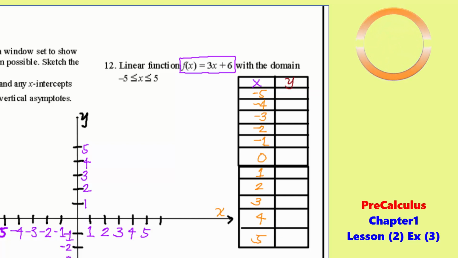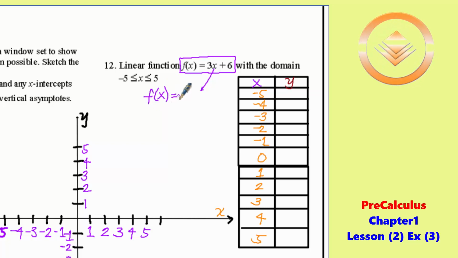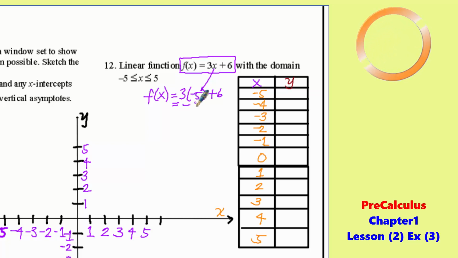Now we're going to get the values for y. If x is negative 5, just replace this x with negative 5. f of x is equal to 3 times negative 5 plus 6, that's negative 15 plus 6, that's negative 9.